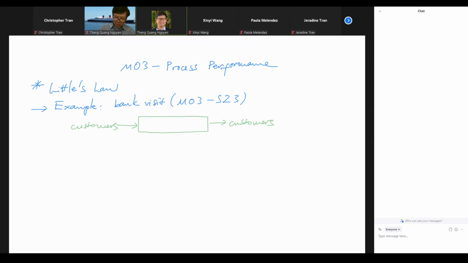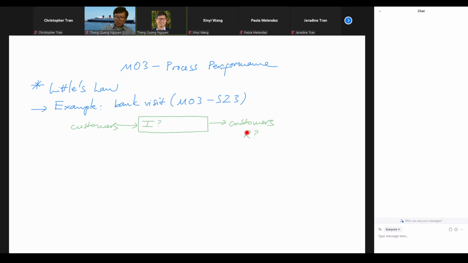So after reviewing the tapes, we have to do the following. We need to calculate the inventory. The inventory is how many customers are still within the bank, right? And then we calculate the average flow rate. Let me backtrack a little bit. We need to calculate the average inventory. On average, how many people do we see in the bank? That's one of the things that we have to do.